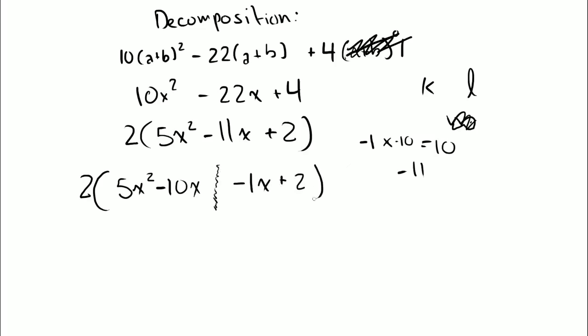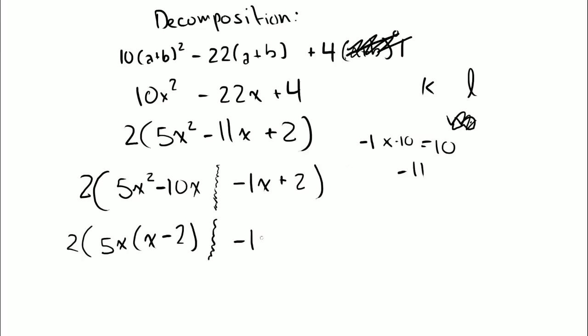Plus 2. Okay. Now you want to find common denominators, or greatest common factors, something like that. So this one, 5 and x are both common, so I'm going to pull out 5x. Now I'm left with x minus 2. And then on our other side of our little barrier, we've got negative 1x plus 2.